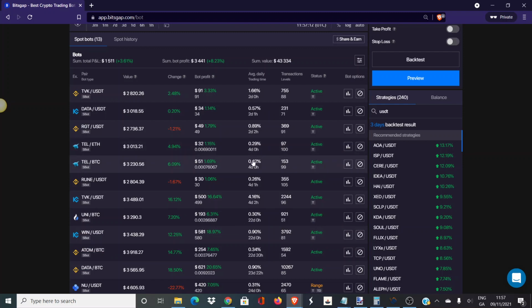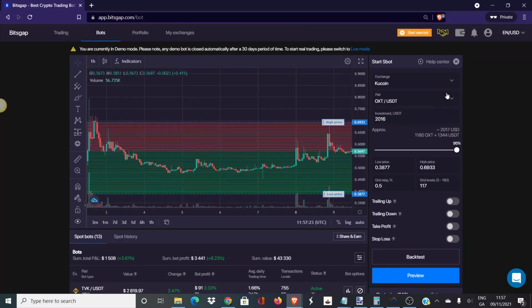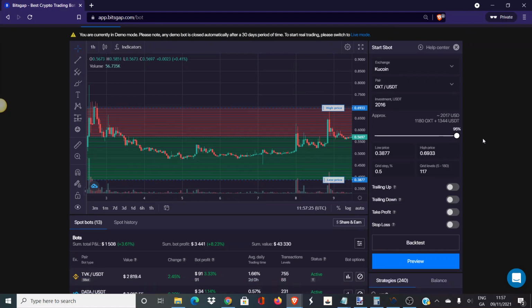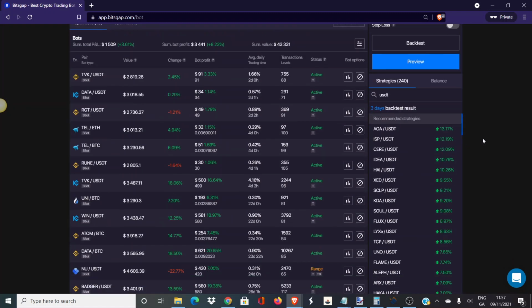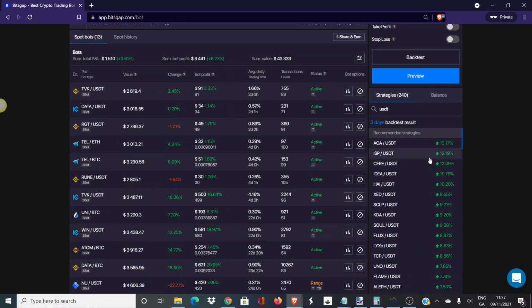So once you have the 3 days of data at least, you can check what average daily returns look the best, and then you can head on to your live Bitsgap account and start trading the coin that you chose looks the best, right? So I hope this makes sense.